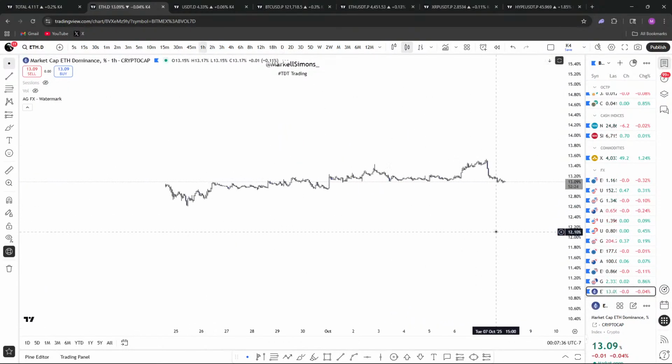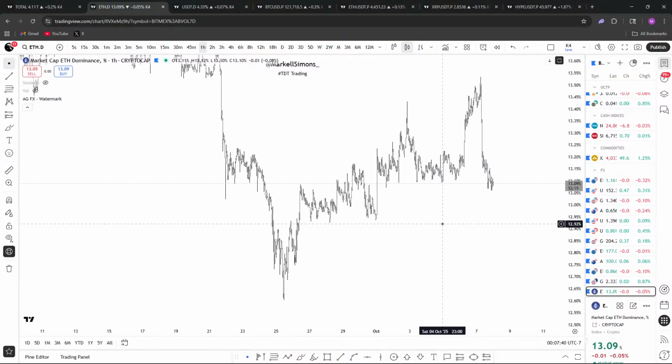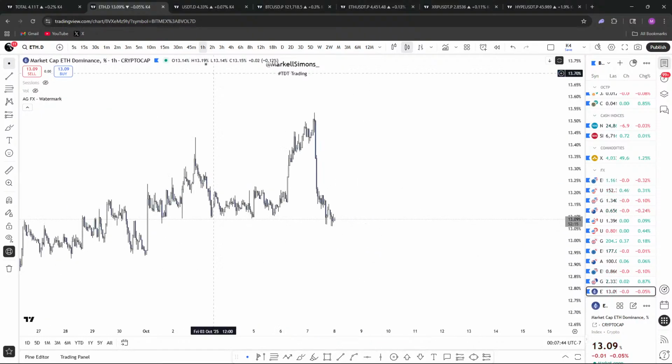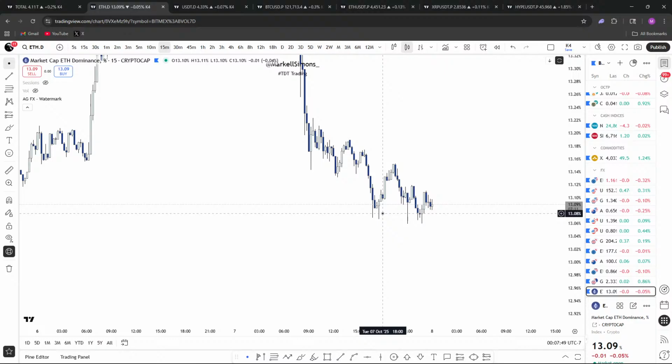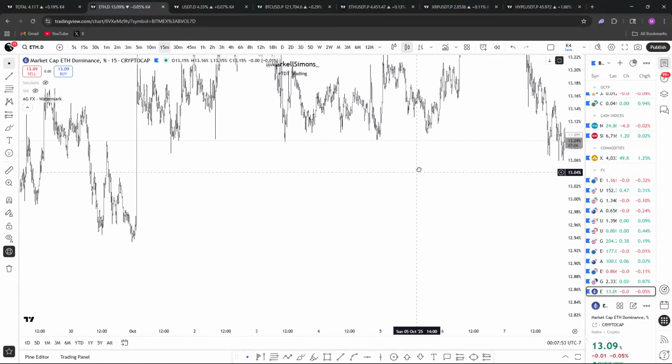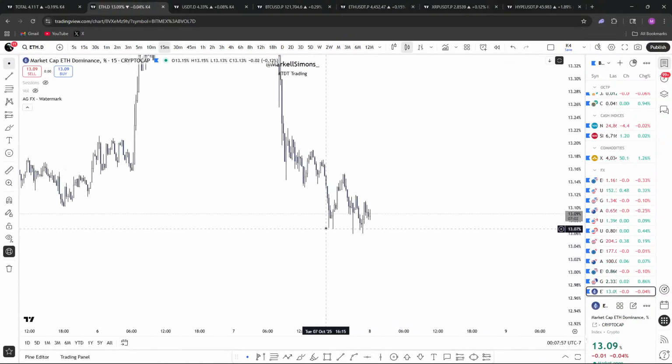When you say triple lows, what lows are you talking about? Because if you talk about on the lower time frame, like down here, these lows. Wait, what lows are you talking about? Because this looks as if it's trying to go higher.